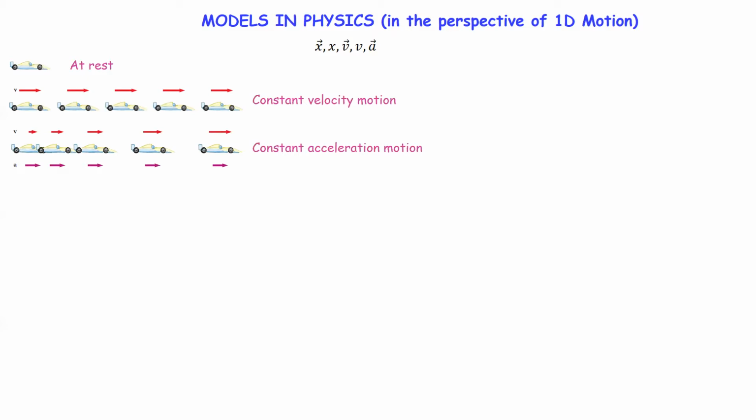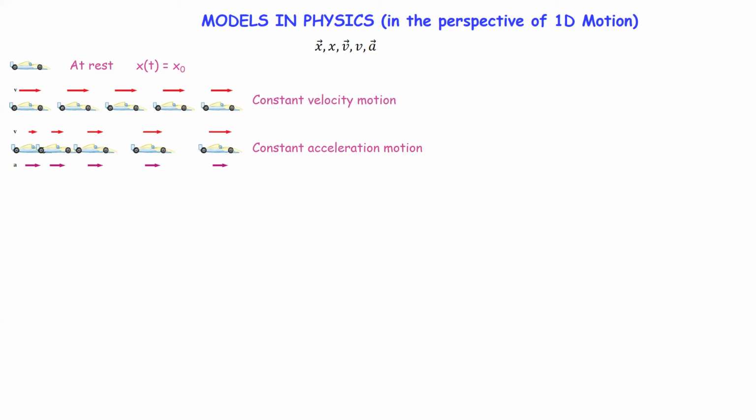We can describe models just using the definitions of the physical quantities, or we can describe these models mathematically. The mathematical description of these models is like x of t equals x0 for the first one: the position does not change, the particle is at rest.